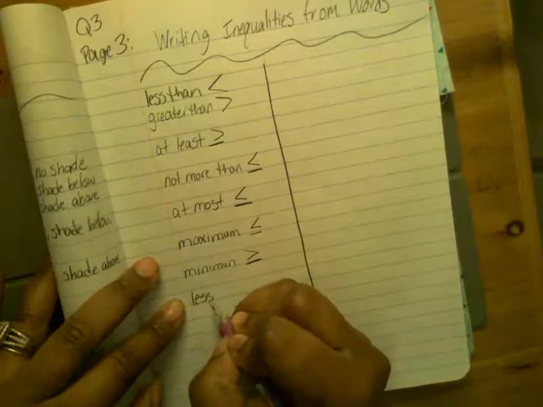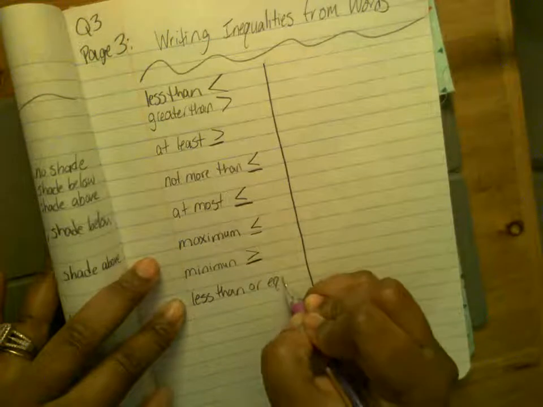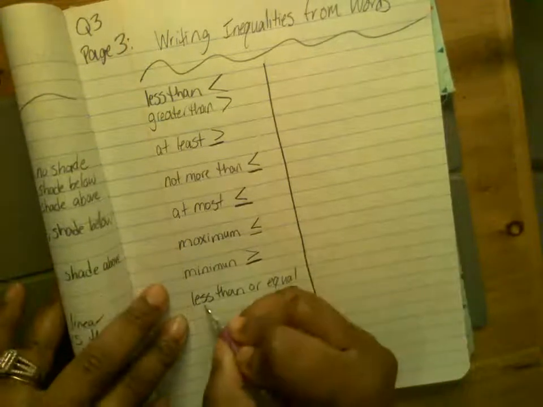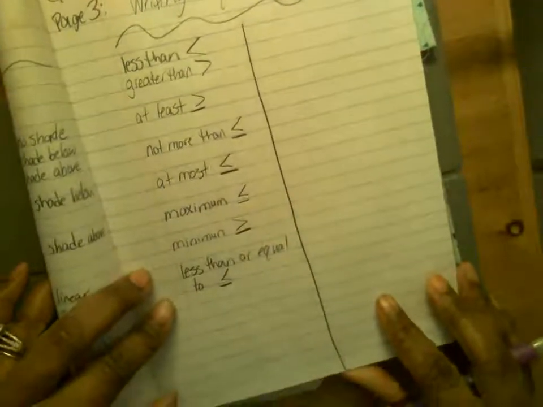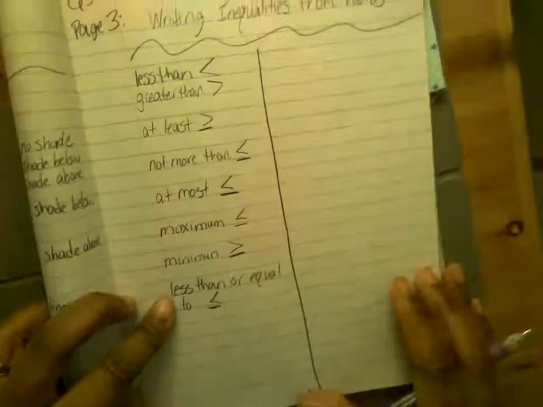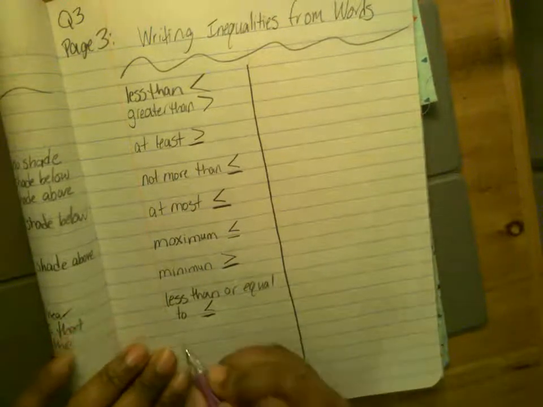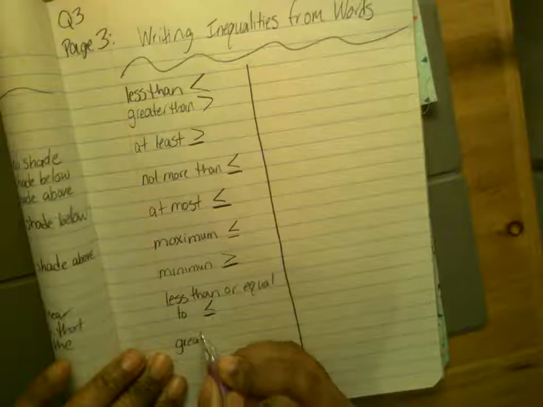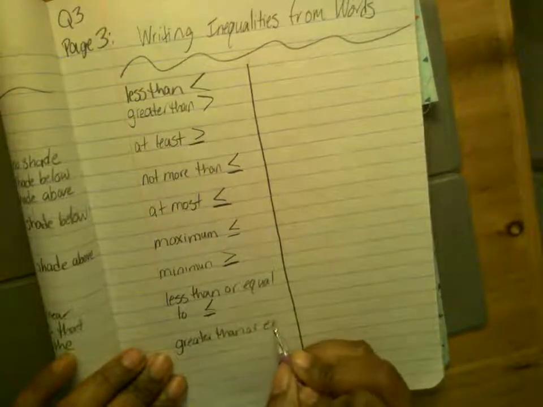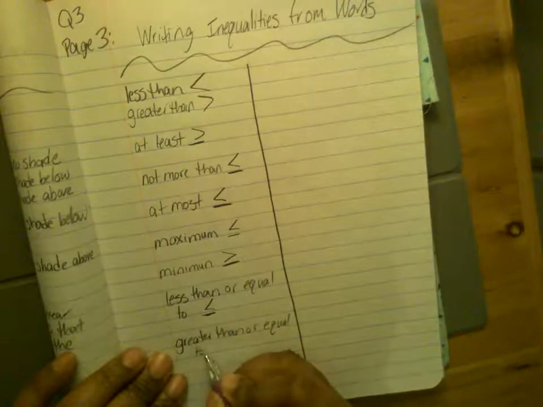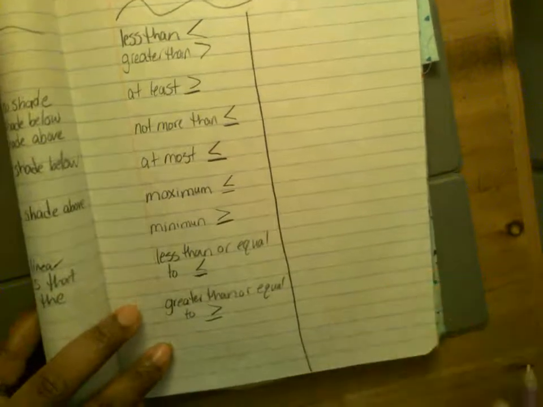If the inequality that they're having you write says less than or equal to, that's self-explanatory. Less than or equal to is the less than or equal to symbol. Greater than or equal to, that's also self-explanatory. Use the greater than or equal to symbol.